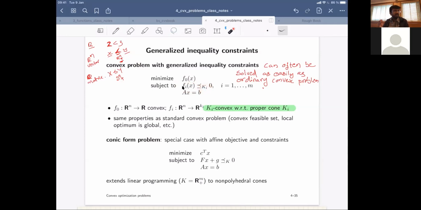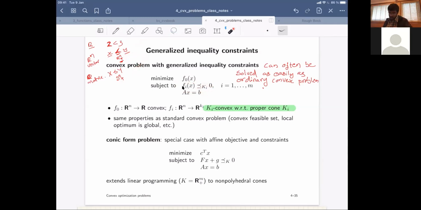We saw that the cone has to be a proper cone to be associated with a generalized inequality. So if you have any proper cone, there can be a generalized inequality associated with it. But often we use these two.